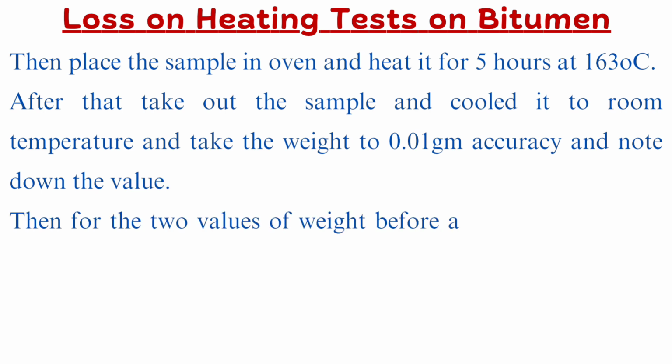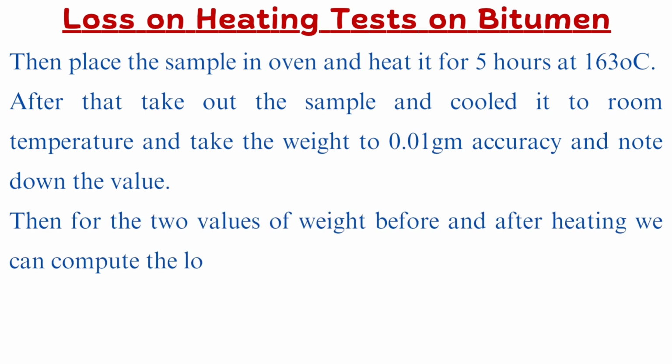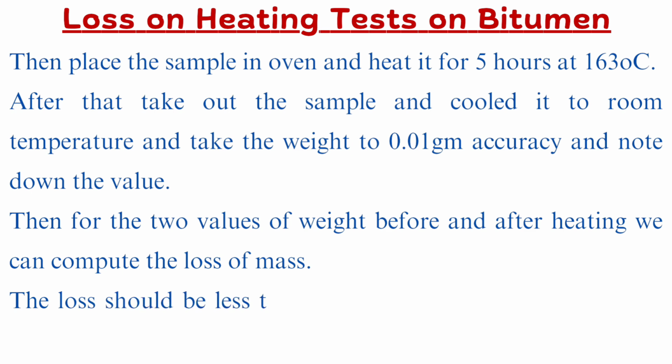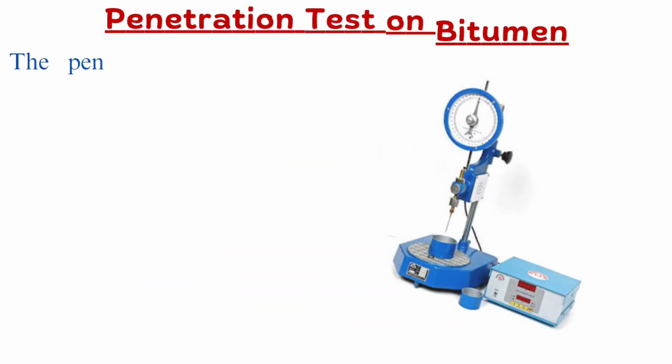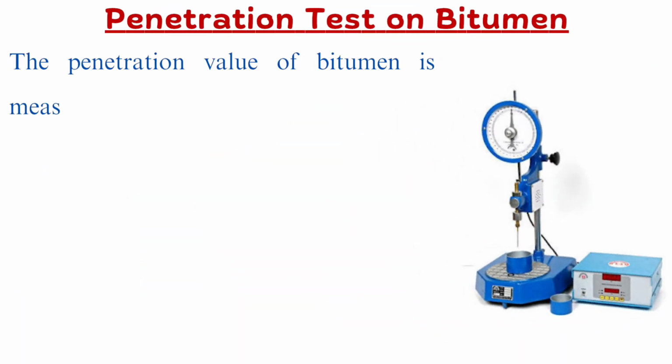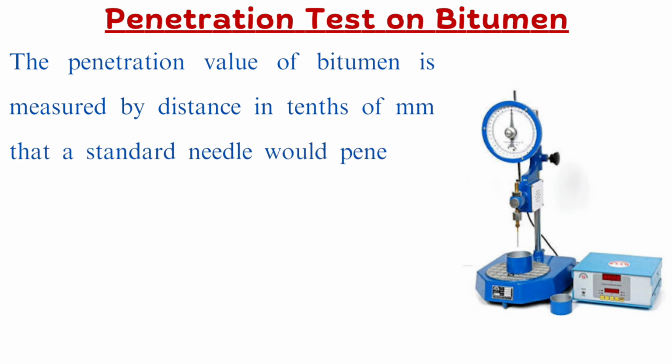Loss on heating test on bitumen. When the bitumen is heated, water content present in the bitumen is evaporated and bitumen becomes brittle, which can be damaged easily. So to know the amount of loss, we will perform this test. In this test, take the bitumen sample and note down its weight up to 0.01 gram accuracy at room temperature.